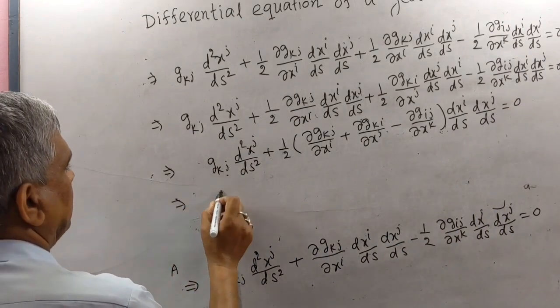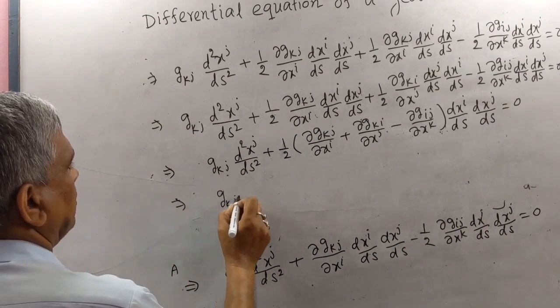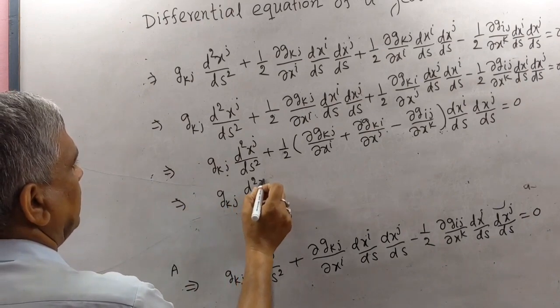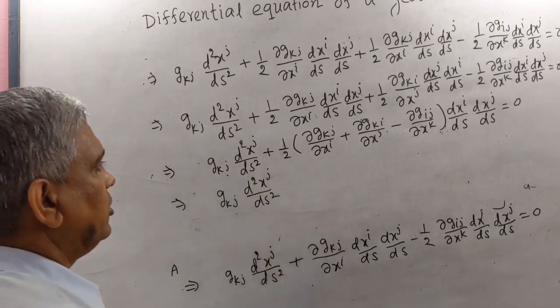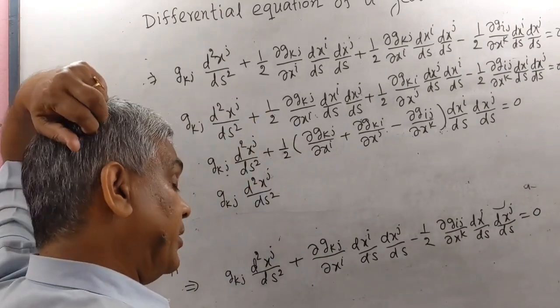Implies that gkj d2xj by ds square. This is the Christoffel symbol of first kind.